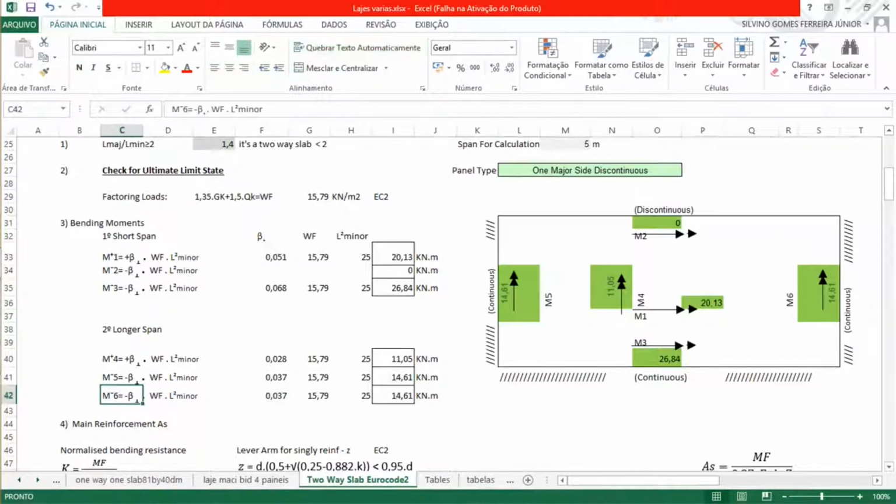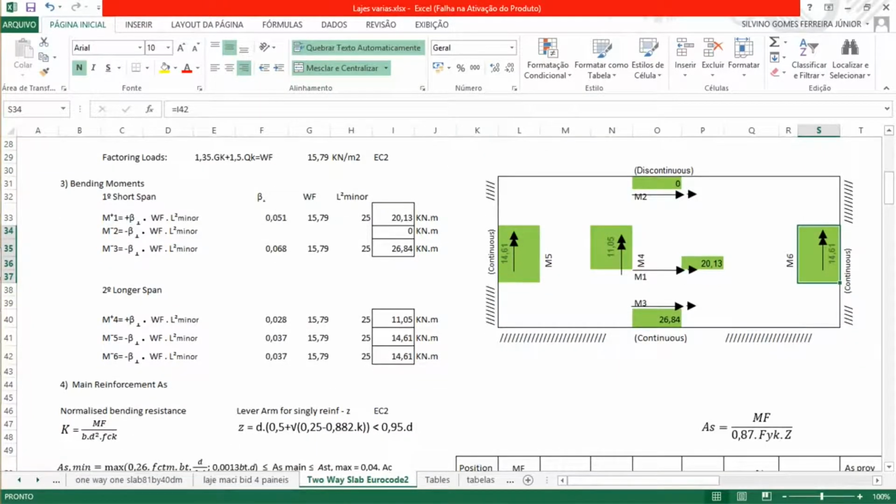M6 is a negative moment on the corner, and it's a continuous side, so it will be exactly the same. The coefficient 0.037 would give us 14.61, like on the other side. These two are the same value in this case.